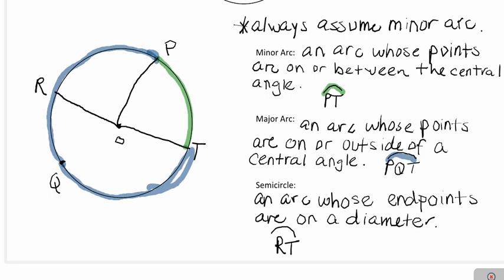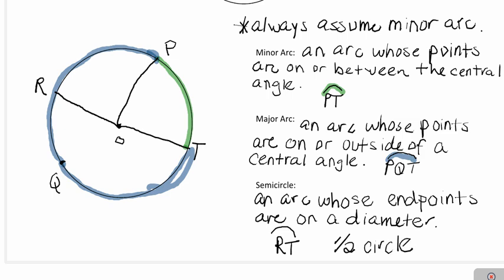It doesn't matter, but notice that the endpoints of that arc are on the diameter of that circle. So minor arcs and a semicircle, and a shorthand way of thinking about it would be half of a circle.